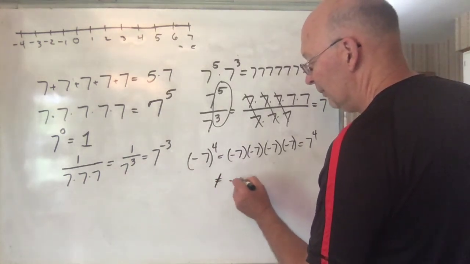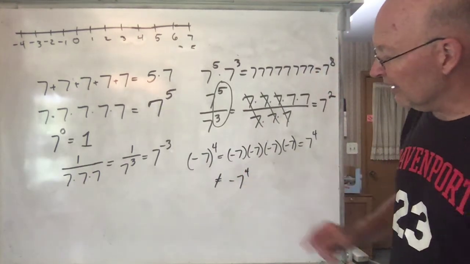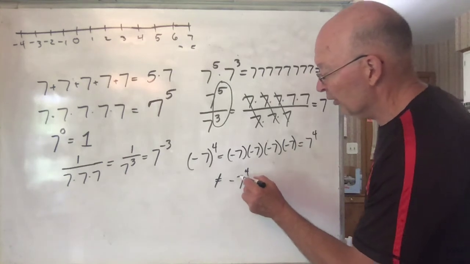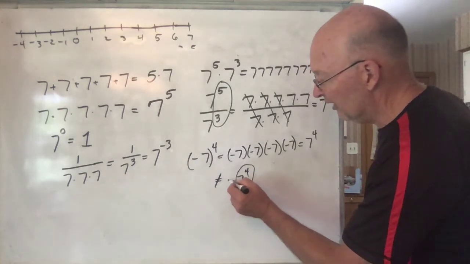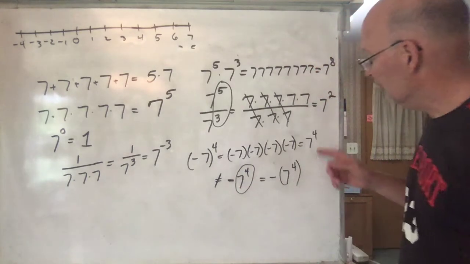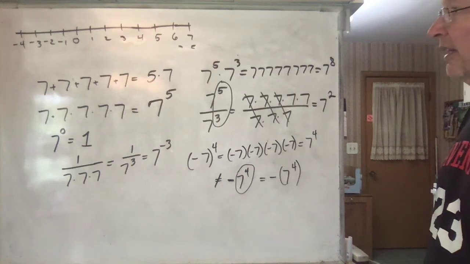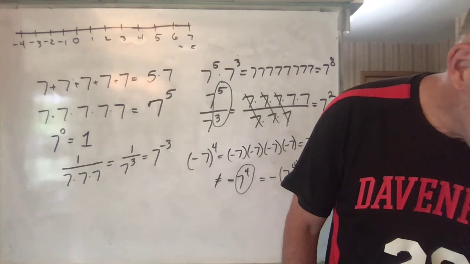It's not the same as negative 7 to the 4th power. Because whenever you see something like this, everyone agrees that you first do this, and once you do that, then you take the negative of it. So this would be negative 7 to the 4th power. And so this one is positive, that one is negative. Okay? Very good.